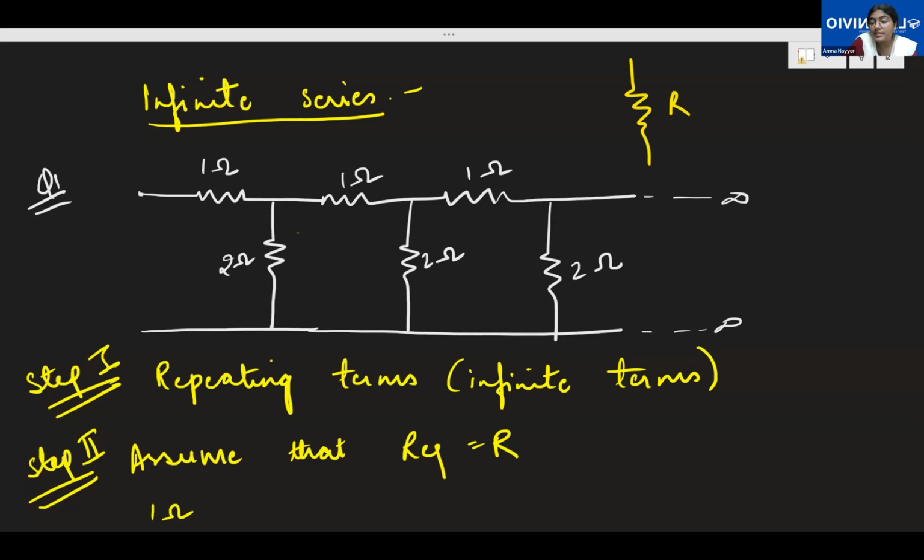Now, if R is the equivalent resistance for such a great number of resistors, what if I just connect one more repeating term to it? This is R. I'm just connecting one more repeating term to it. This is 1, this is 2. The equivalent now shouldn't be disturbed, because what will these 1 ohm and 2 ohm resistors do in front of a series which has infinite resistors connected to it?